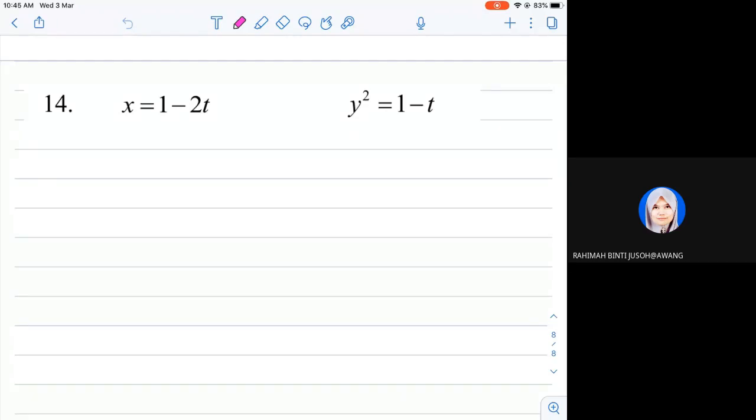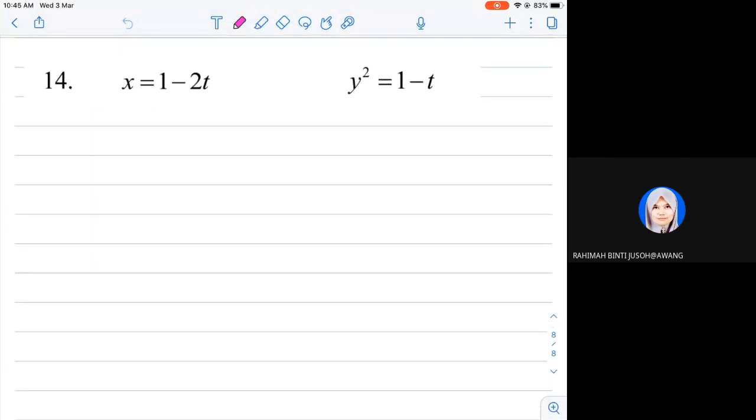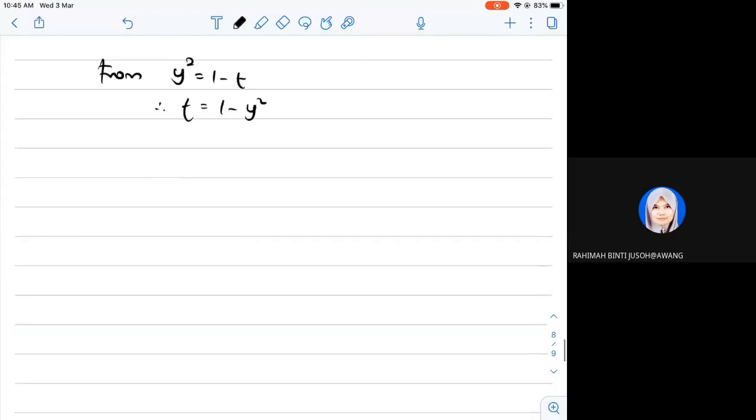Okay, so by eliminating T, you nak choose yang mana ni? You nak choose from X ke from Y? X. Okay. Kalau saya akan ambil daripada Y lah. But it's okay, doesn't matter. Mana-mana pun boleh guys. Tak kisah, you selesa yang mana. From y squared equals 1 minus t, so t equals 1 minus y squared, isn't it?